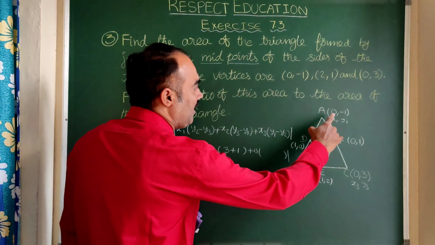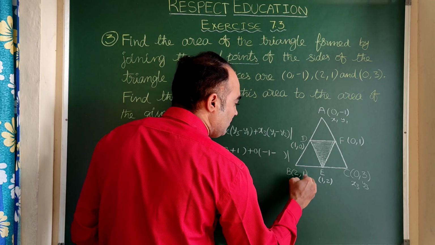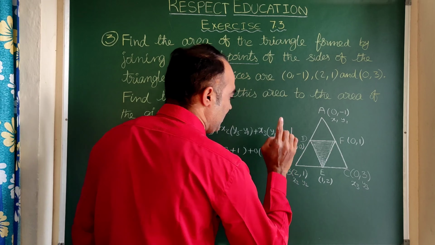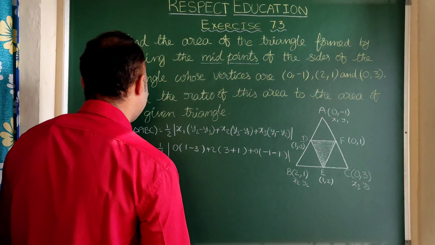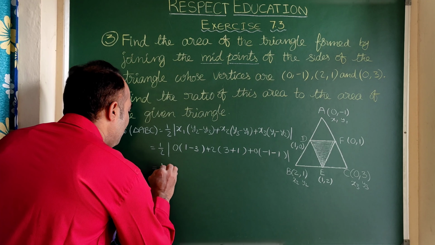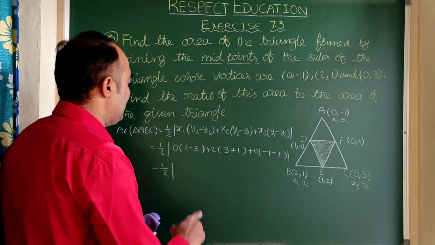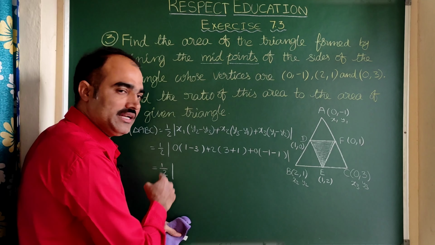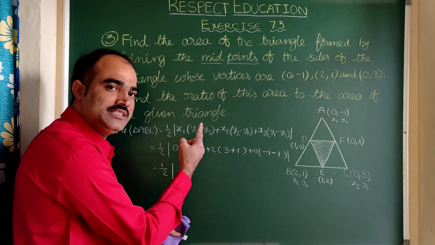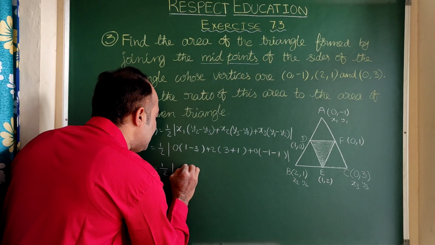Now y1 is minus 1 minus y2, y2 is minus 1, right?